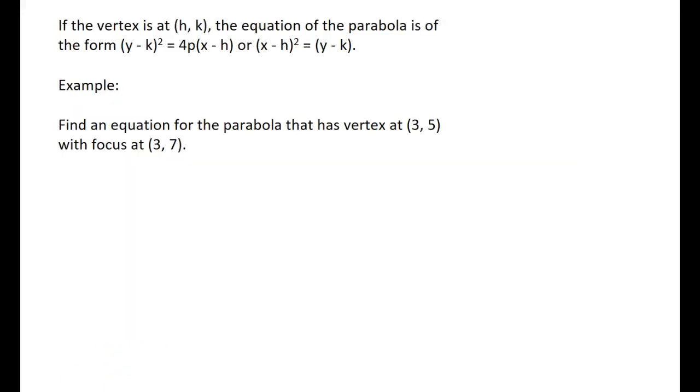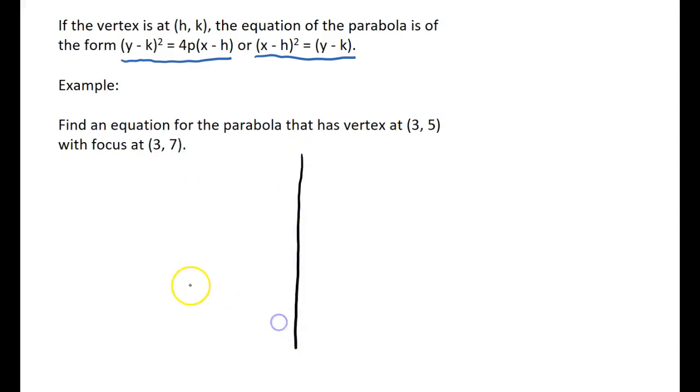Well, obviously the vertex is not always at the origin 0, 0, and if it's not at the origin, then we just rearrange our equations to include the coordinates h comma k. So if it's opening left or right, it's this version right here. If it's opening up or down, it's that version right there. So find an equation for the parabola that has vertex at 3, 5 with focus at 3, 7.